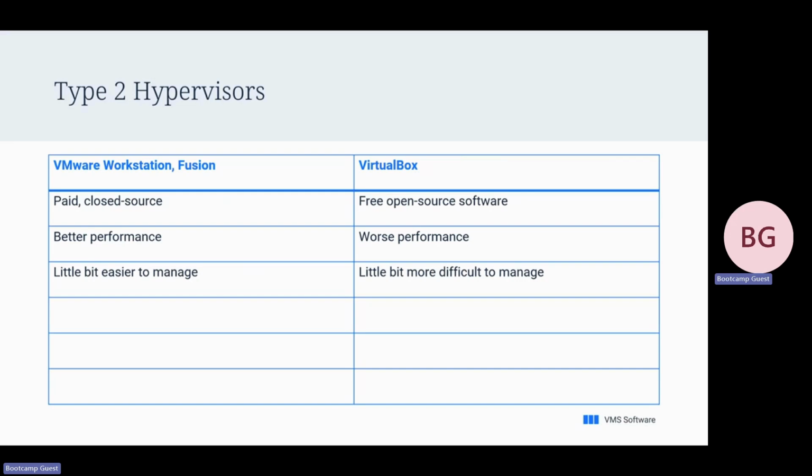So they're both free, but of course, VMware is still closed source and VirtualBox is open source. Although if you want to use USB generation 3 ports on VirtualBox, or if you want to do some other special things, you need to buy an extension kit, which is not open source and for which you do need a license if you use the software commercially.